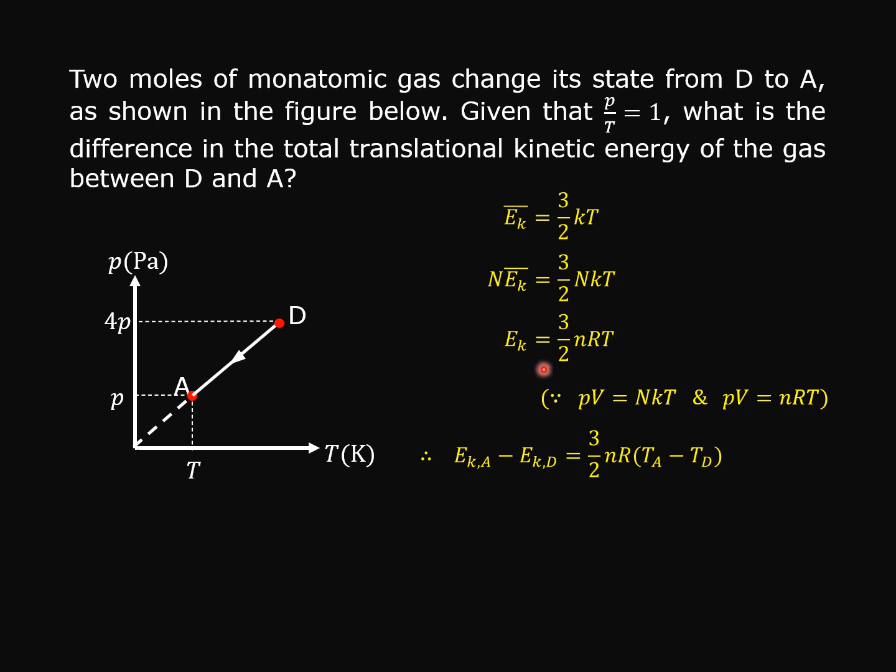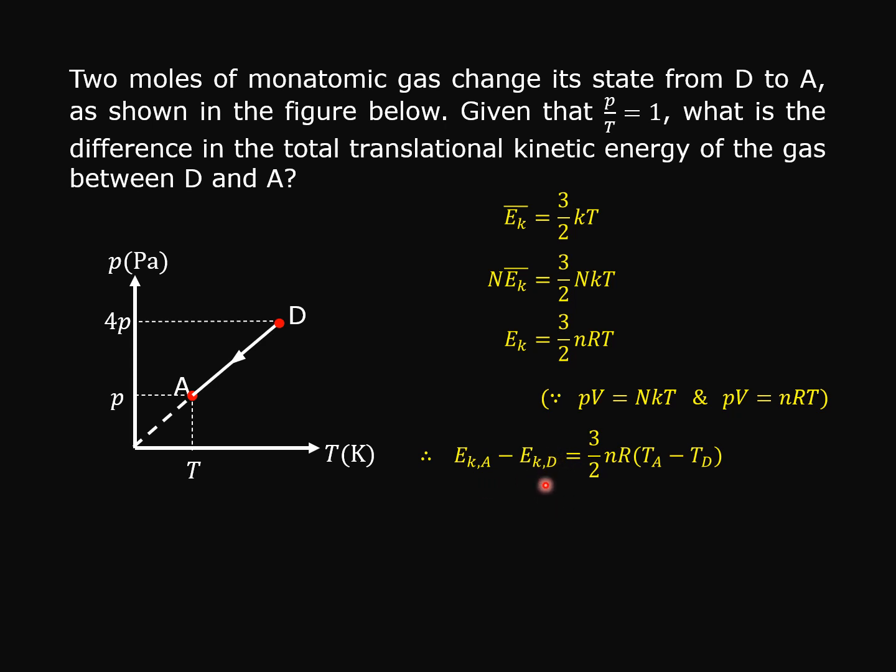So based on this result that we obtained, now we can evaluate the total translational kinetic energy change when the state of the gas changes from D to A. So we use the total translational kinetic energy at the final state, minus the total kinetic energy at the initial state.